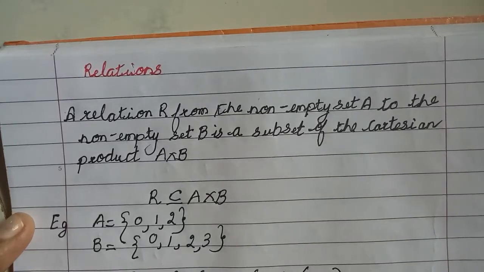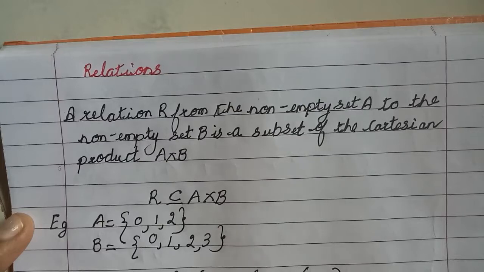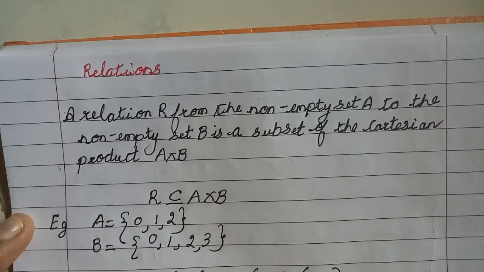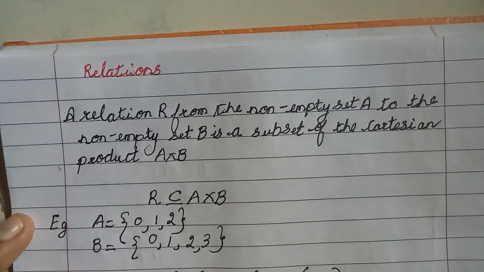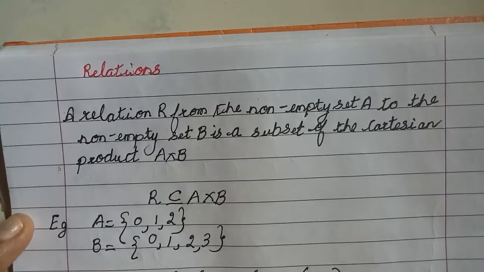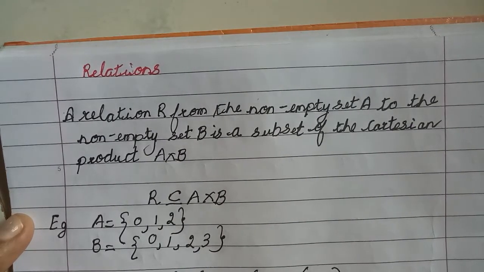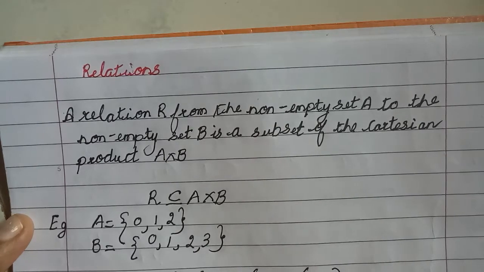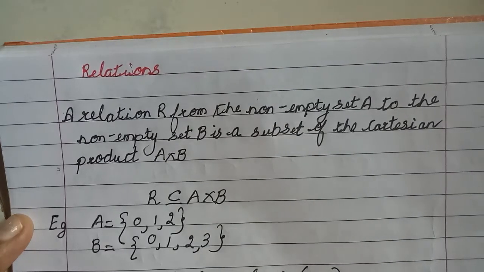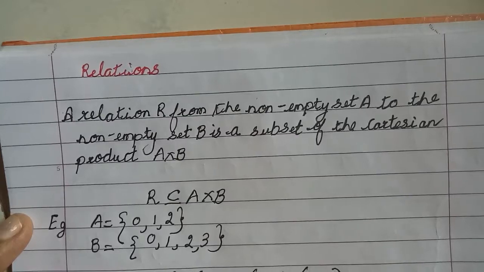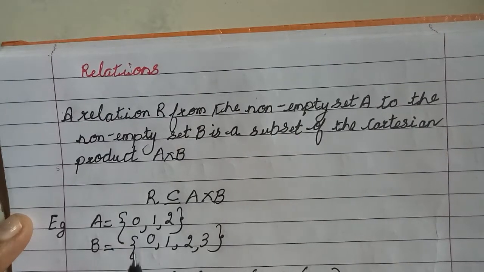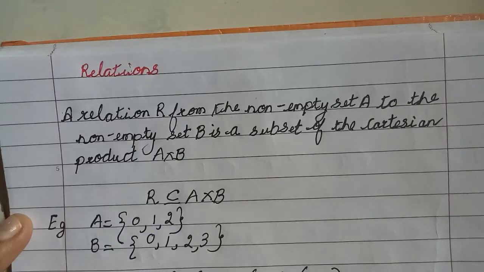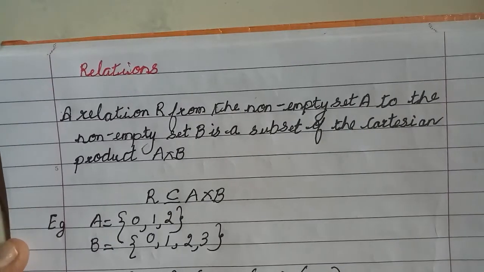Similarly, I have (1, 0), (1, 1), (1, 2) and (1, 3). I have (2, 1), (2, 2), (2, 3) and (2, 0) also. So in the Cartesian product, the first element comes from the first set and the second element comes from the second set. Now I have written what is A cross B.